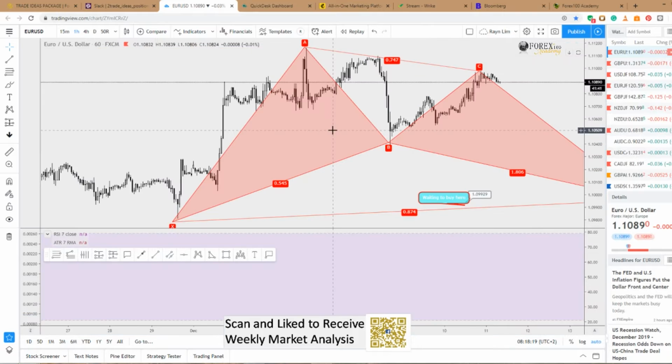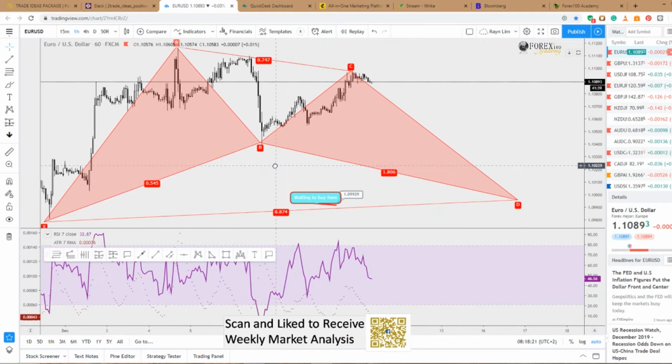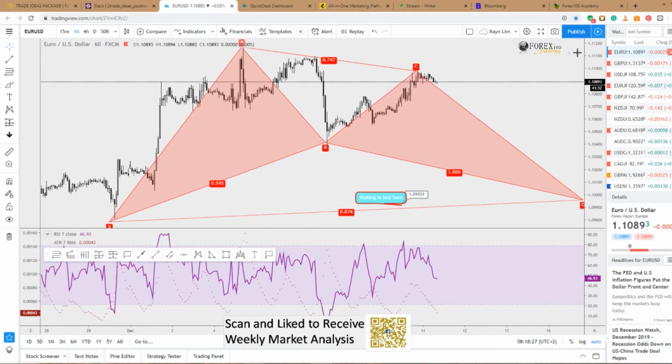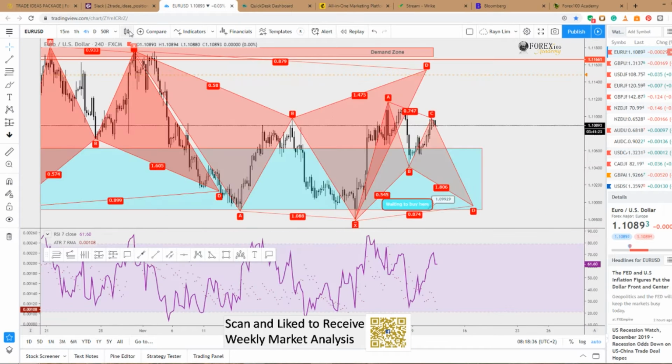On the 1 hour chart, you can see that the bat we just drew is valid for the 1 hour chart as well. How do you know it's valid? You have to look at the overall candle formation and so on. Does it conflict with any rules? But you know what, the entire setup at this point of time is more for the 4 hour chart.